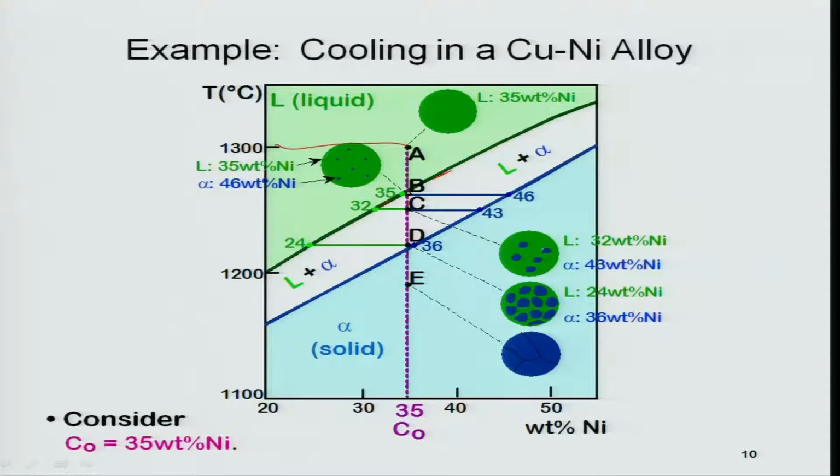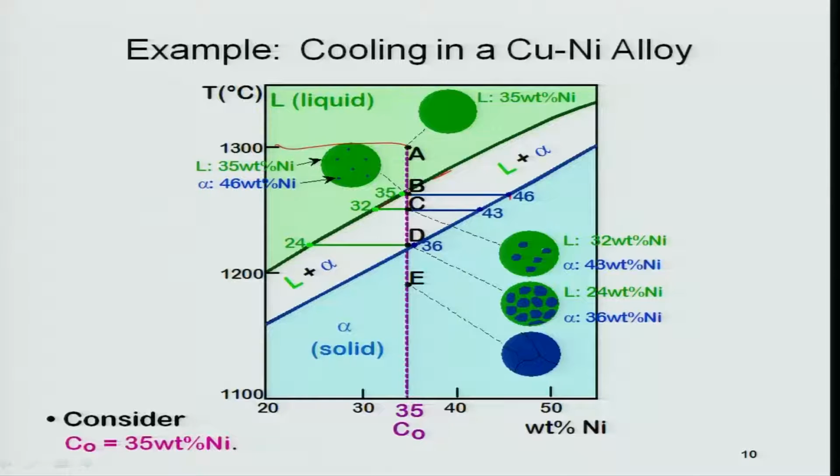So that is what I have drawn here. I put a point B here, corresponding to a temperature a little below the liquidus at which solid alpha can nucleate, and we have given that the solid alpha will have a composition of 46% nickel and the remaining liquid will have a composition of 35% nickel.